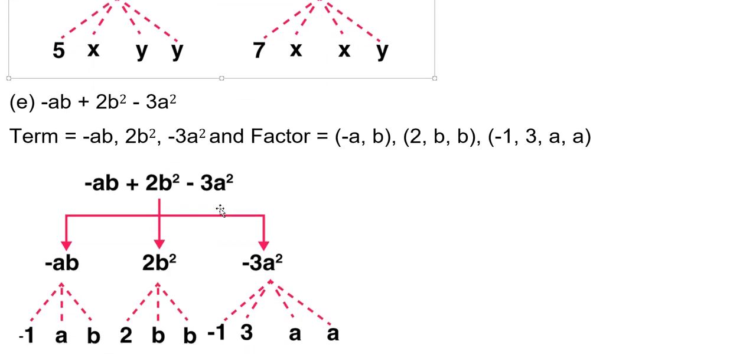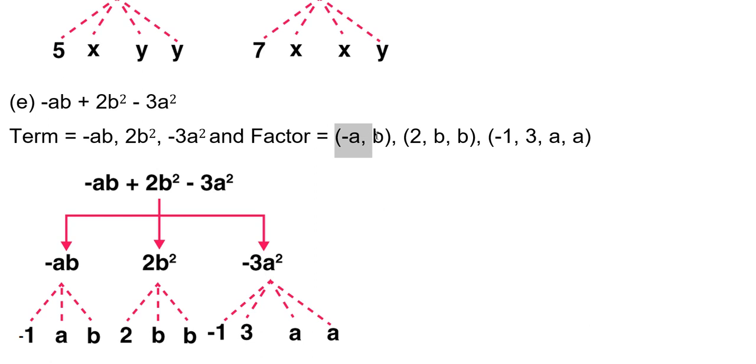Okay. E, minus ab plus 2b square minus 3a square. Terms: three terms, minus ab is one term, plus 2b square is one term, minus 3a square is another term.